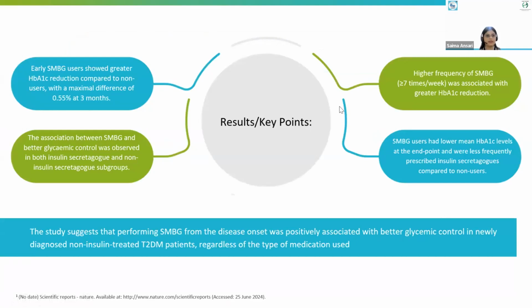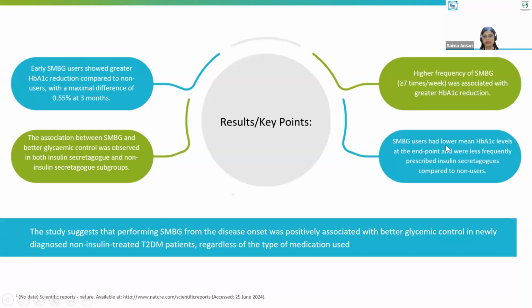Here are the key points. Early SMBG users showed greater HbA1c reduction compared to non-users, with a maximal difference of 0.5 at 3 months. The association between SMBG and better glycemic control was observed in both insulin secretagogue and non-insulin secretagogue groups. A higher frequency of SMBG, more than 7 times per week, was associated with greater HbA1c reduction.